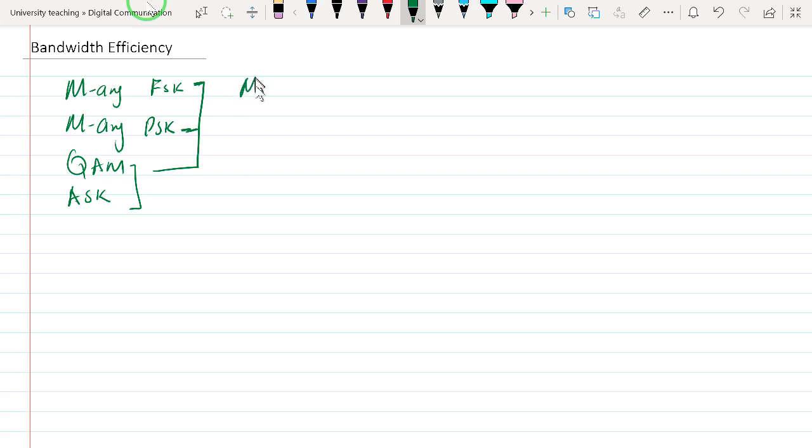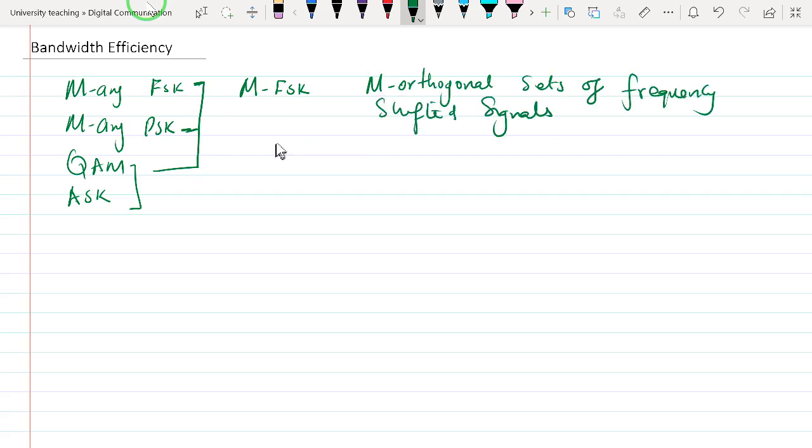First and foremost, we start with FSK, and we know that M-ary FSK consists of an M orthogonal set of frequency shifted signals. For instance, with BFSK, we know that the binary 1 and binary 0 are transmitted by different frequencies F1 and F2.